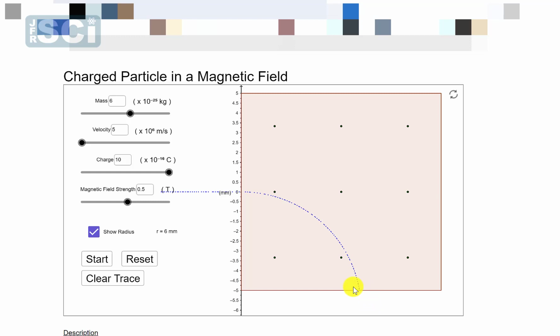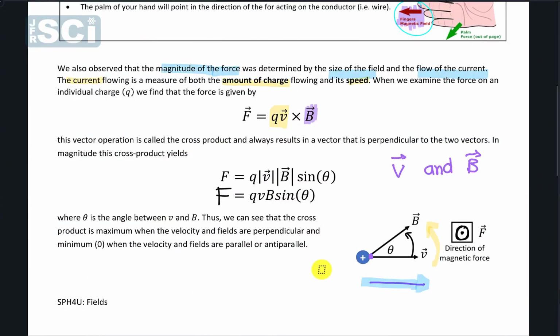Now, one last piece that we always need to remember. We're going to go back to our note. One thing we want to remember is this: right-hand rules are for positive charges. If you're working with an electron, whatever the right-hand rule tells you, you're going to do the opposite.